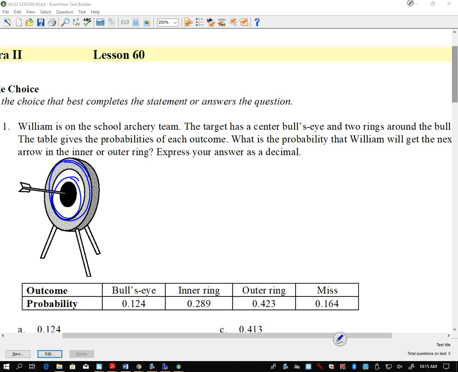What do I do? Add. So we just want the inner and the outer ring, right? So 0.289 plus 0.423. What is that? Everybody's got calculators. We're adding up. 0.712.